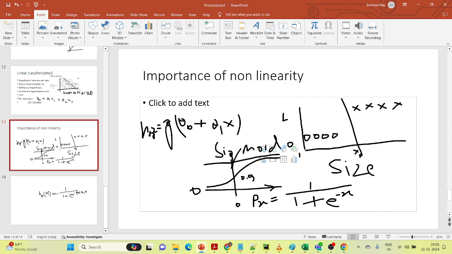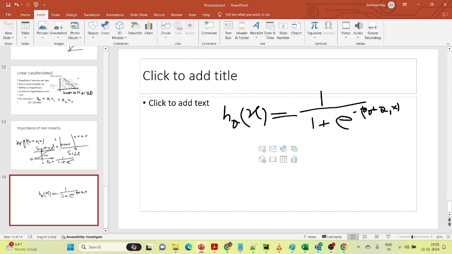So what more do we need here now? This is the hypothesis function for logistic regression.